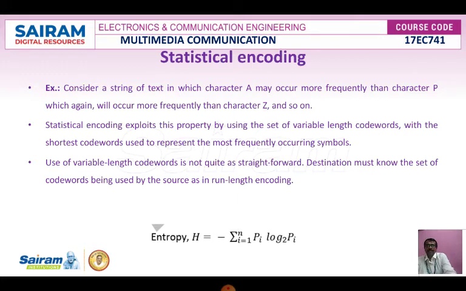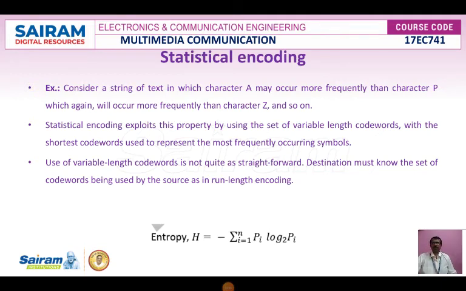Likewise, statistical encoding exploits this property by using a set of variable length code words, with the shortest code words used to represent the most frequently occurring symbols. In practice, using variable length code words is not quite as straightforward. As with run length coding, the destination must know the set of code words being used by the source.